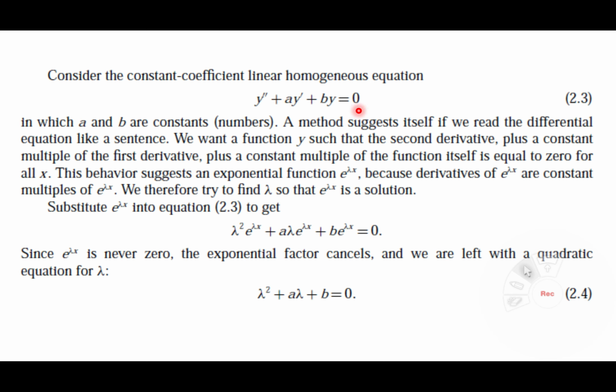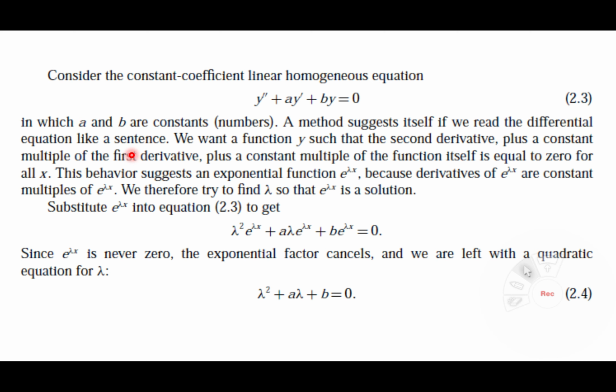What this sentence says to us is that we want a function y such that the second derivative, plus a constant coefficient times the first derivative, plus another number times the function itself, equals 0. This is reading the equation as if it is a sentence.